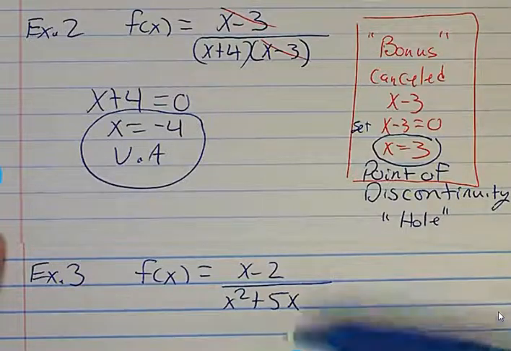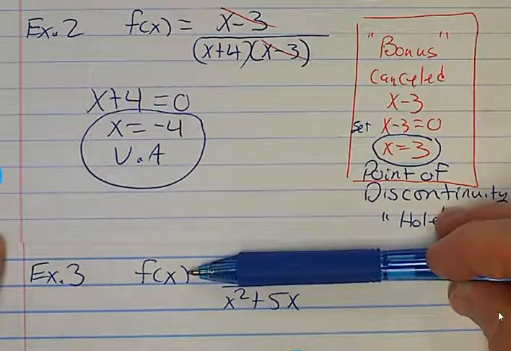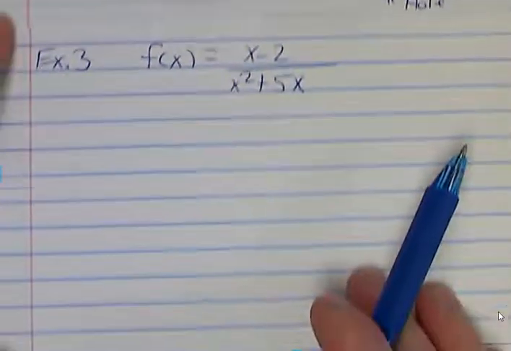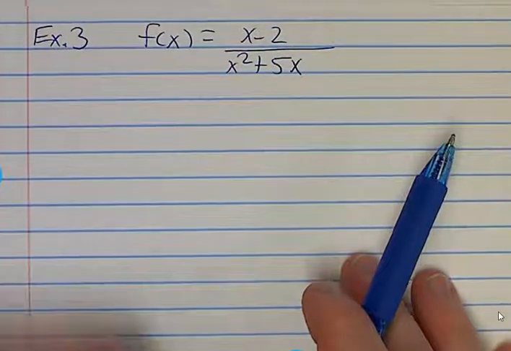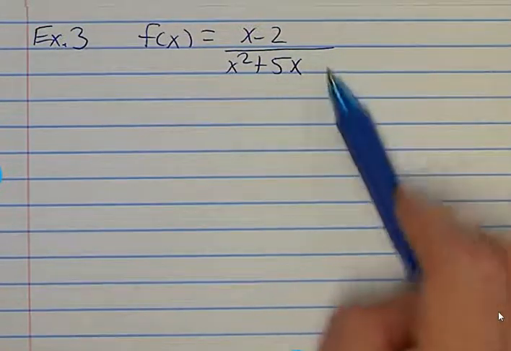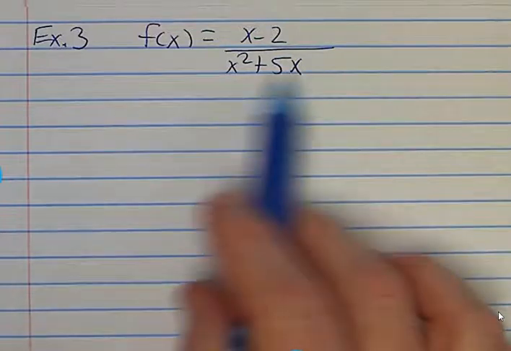Again, the top part, we're not necessarily worried about. The only thing we really have to worry about is what's in the denominator. So we've got x squared plus 5x. We don't have that third term, so there's nothing here to factor that way. So what do those two terms have in common?